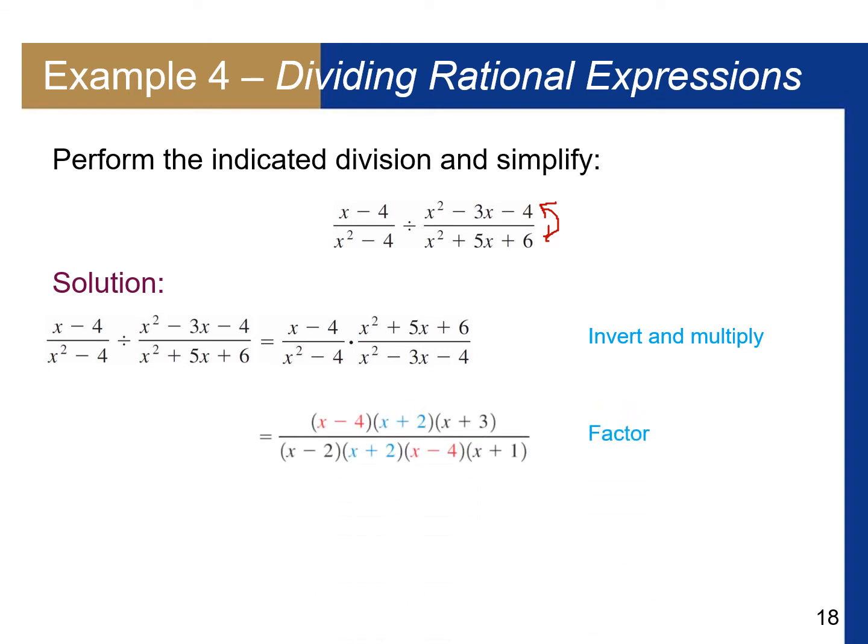We factor everything on the top and everything on the bottom. And then put it all together, and that's fine. And now I'm going to want to reduce. I see an x minus 4, an x minus 4. I see an x plus 2 and an x plus 2. So what's left is x plus 3 on the top, x minus 2 on the bottom, and x plus 1 on the bottom.